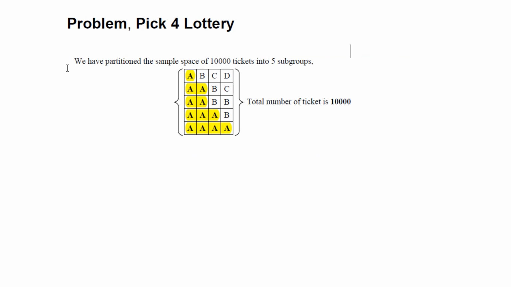From the previous question, we noticed that we have partitioned the sample space of 10,000 tickets into 5 subgroups: first, the tickets with 4 different digits; second, the tickets with 2 similar digits; third, the tickets with 2 sets of similar digits; fourth, the tickets with 3 similar digits; and the last, the tickets with 4 similar digits. The total number of these tickets is 10,000.